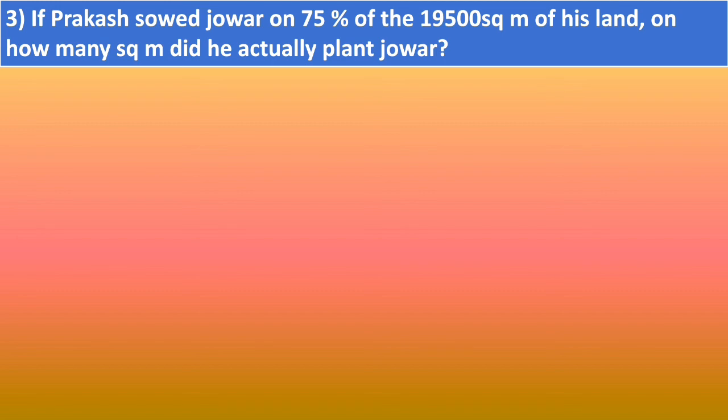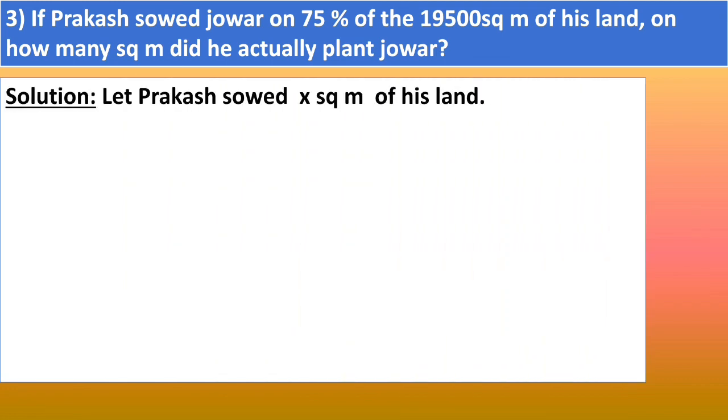How much square meter he has planted jawar. Let Prakash sow x square meter of his land. Here x square meter we are taking. We are not taking percentage because already percentage is given. So 75 upon 100, that is a percentage, equal to, we don't know how much Prakash sowed the jawar.